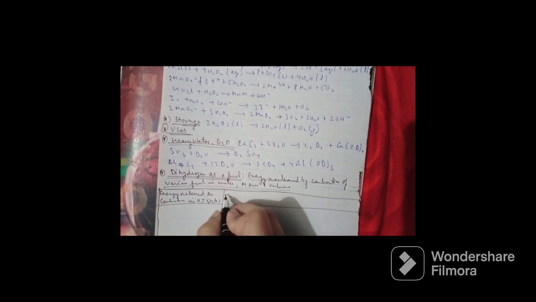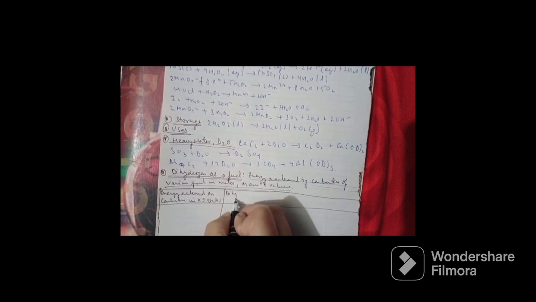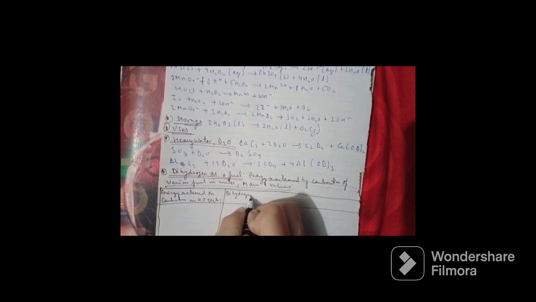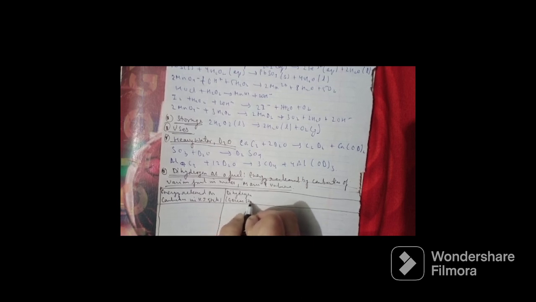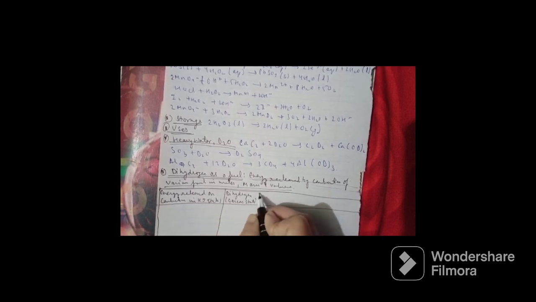So the second column we have here is dihydrogen, which is in gaseous state. Another is dihydrogen in liquid state.